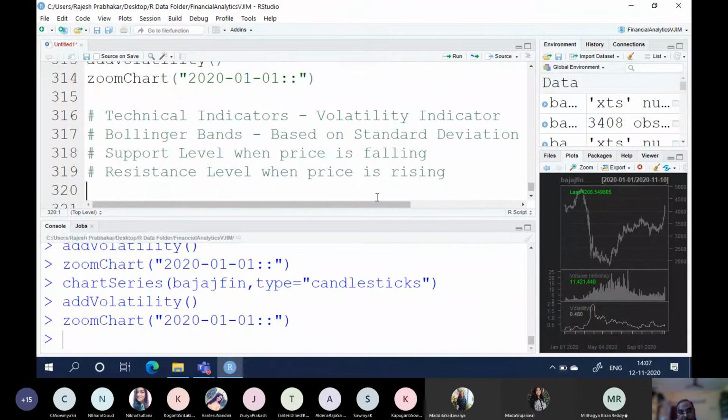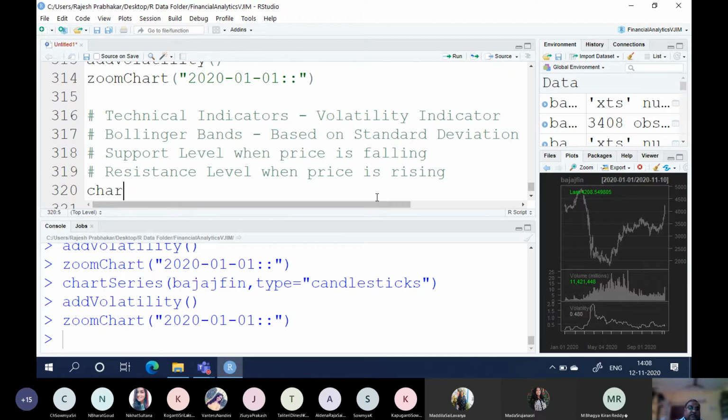So Bollinger Bands, based on standard deviation calculations, create a support band and a resistance band between which the price will move. This is based on the previous trades. It uses the previous trades' highs and lows and tries to give us a range.